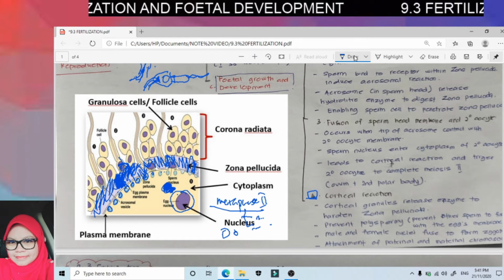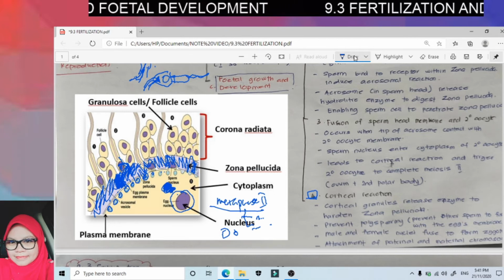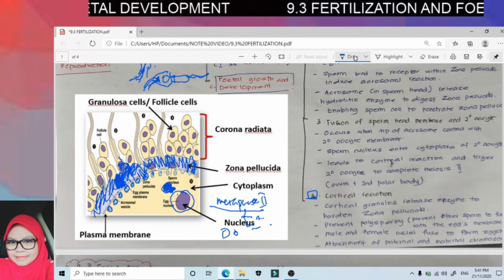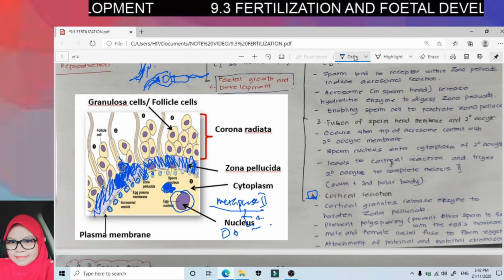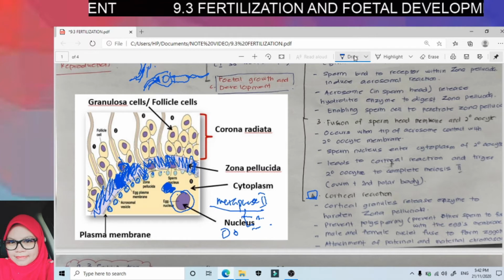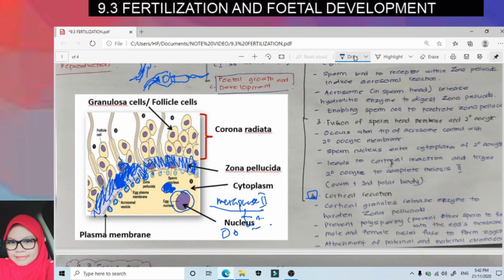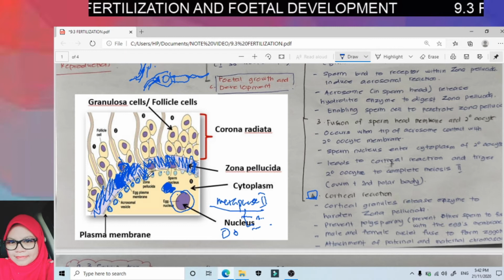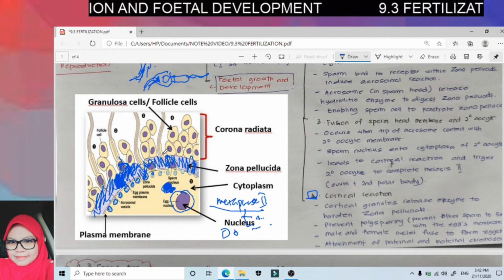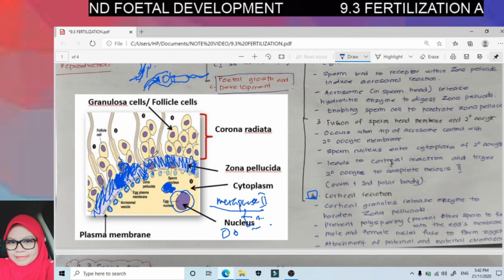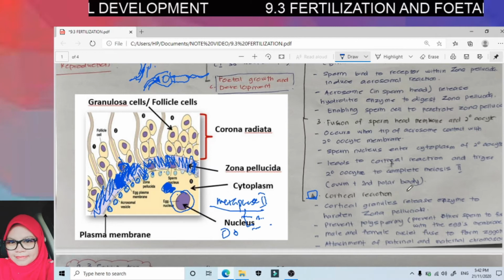So this is important to prevent polyspermy, because in a normal gestation, hanya akan ada selalunya 1 baby. Itu memang normal lah. Yang twin tu yang rare. So kenapa? Sebab dia dah prevent daripada ada sperm lain yang akan fuse dengan egg. So itu kita panggil sebagai cortical reaction.